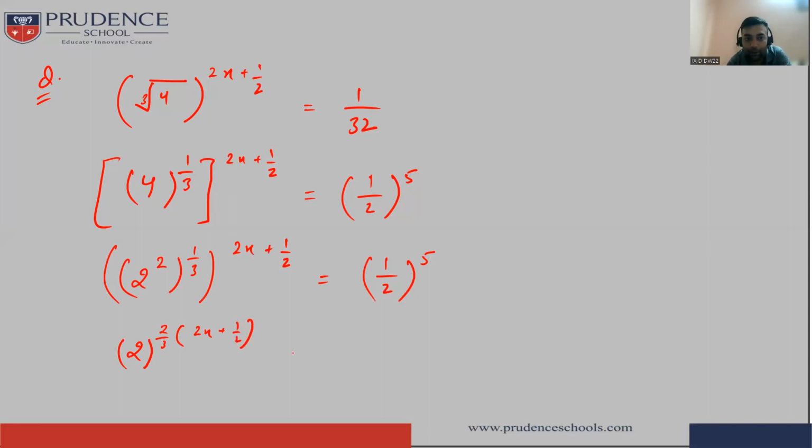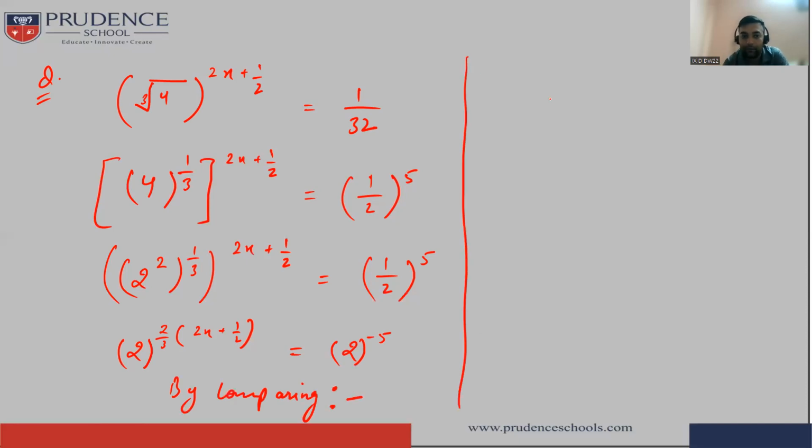This will be the power of 2 here. And here you will get 2 raised to power minus 5. So if the bases are same, then we can compare them. So by comparing, you will get 2 by 3, 2x plus 1 by 2 is equal to minus 5.